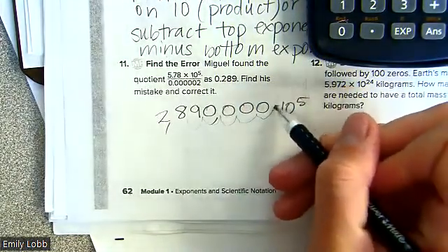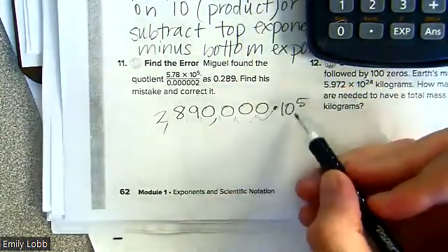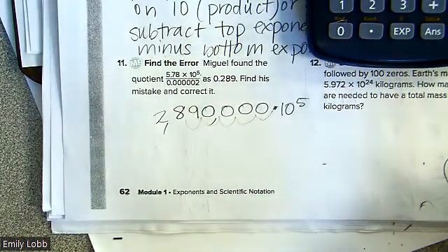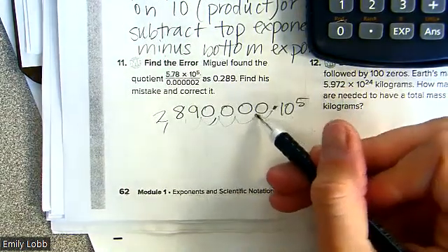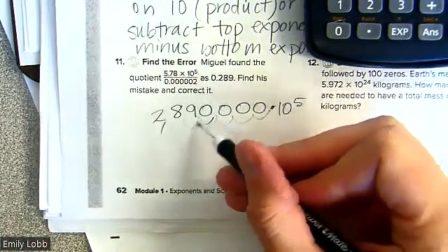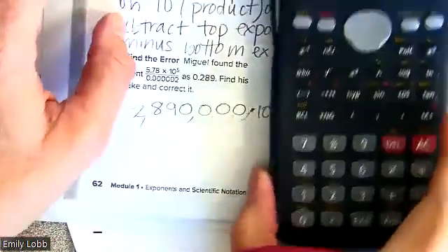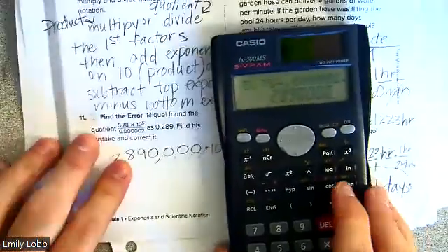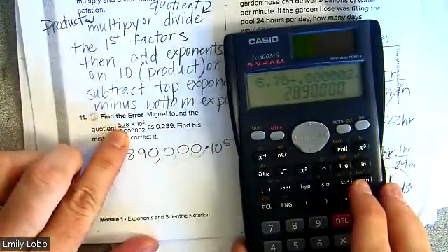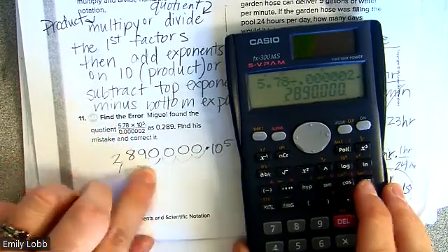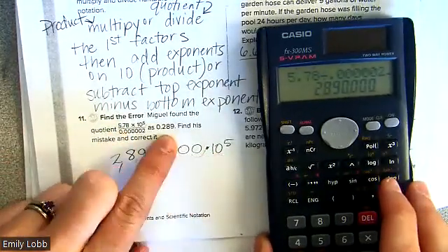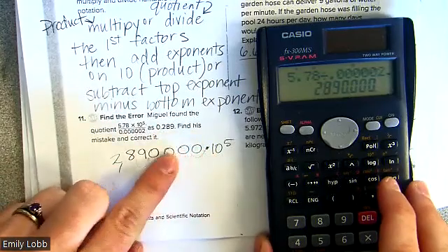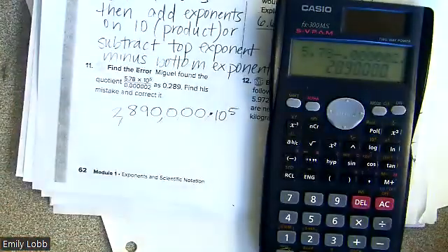Instead of finding times 10 to the 5th, he found times 10 to the negative 5th. He went this way. Right? Because when we put into our calculator this divided by that, we get this, but then we need to multiply by 10 to the 5th, and it looks like he did it times 10 to something else.